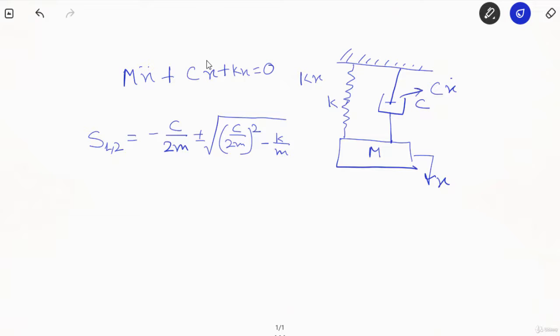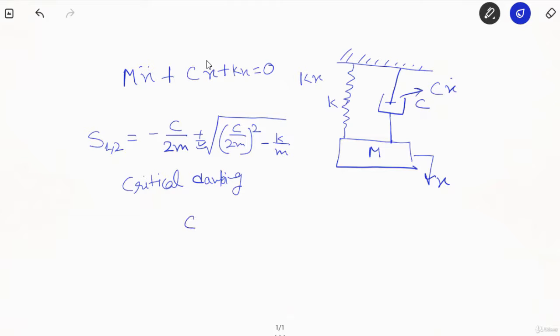Now, with the help of this solution, we will define a new term called critical damping, which is very essential to understand in this case, right? The radical sign in this solution vanishes when these two terms are equal to each other.